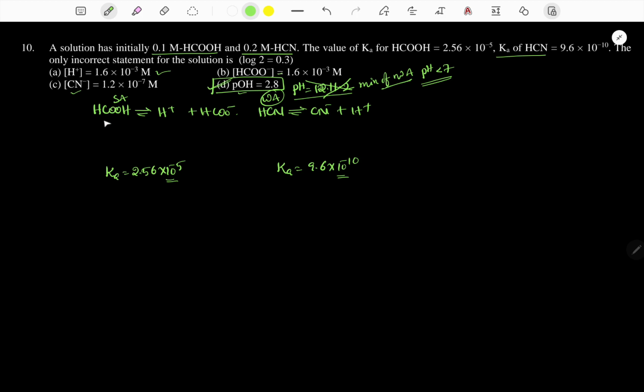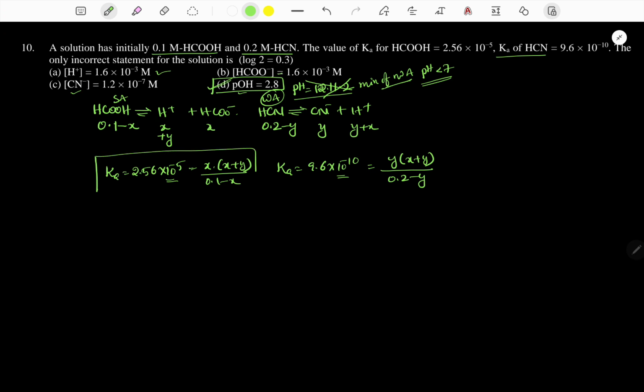Now how to solve the question? It is formic acid, concentration 0.1, and the other is 0.2. So 0.1 minus x, 0.2 minus y. Since we have a mixture of solutions, H plus is x plus y, and therefore Ka is equal to x into x plus y upon 0.1 minus x, and this is equal to y into x plus y upon 0.2 minus y.